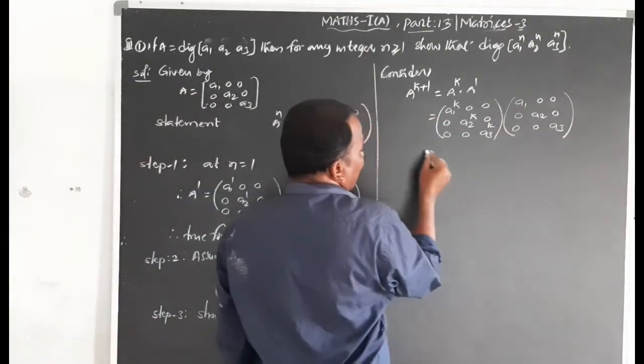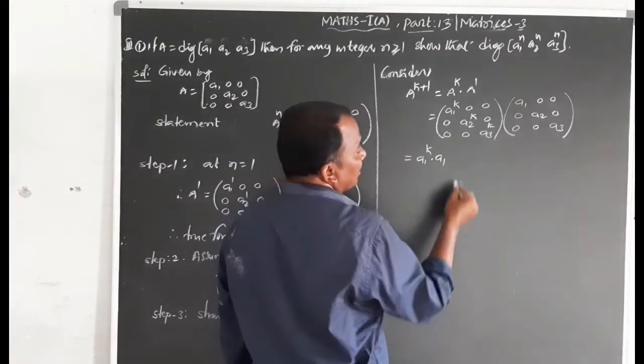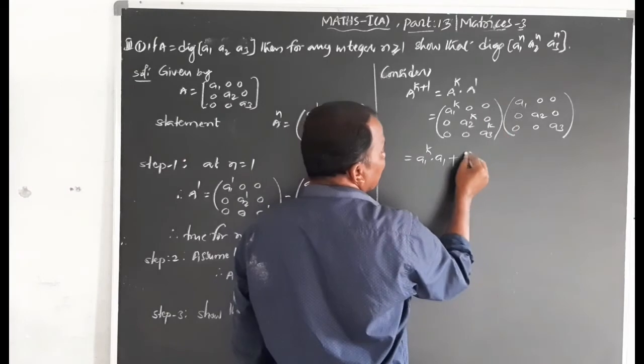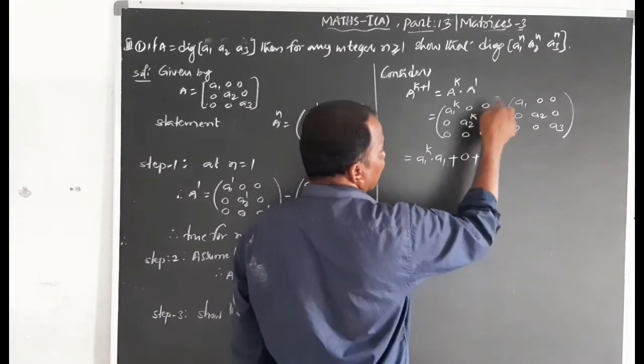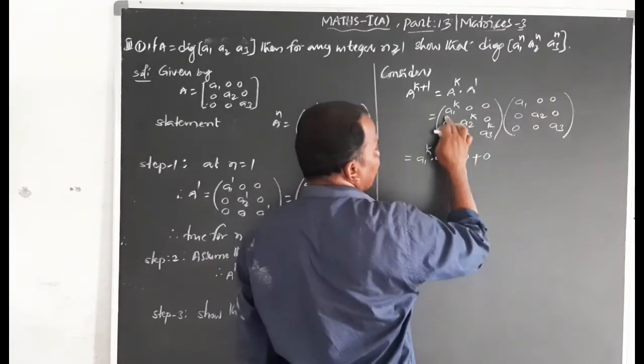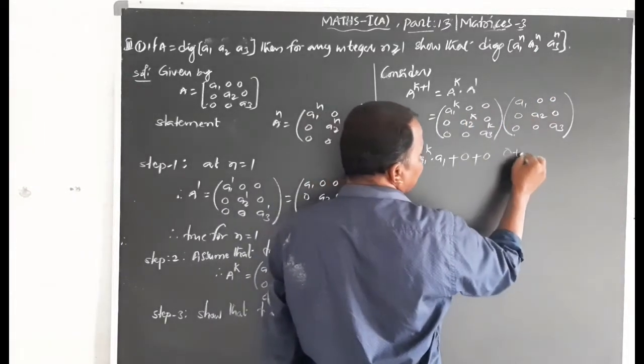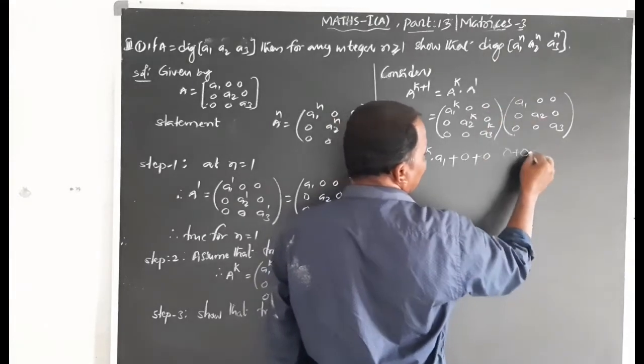First row, first column: A1 power k into A1 plus 0 into 0 plus 0 into 0. First row, second column: A1 power k into 0, 0 into something 0, 0 into something 0.